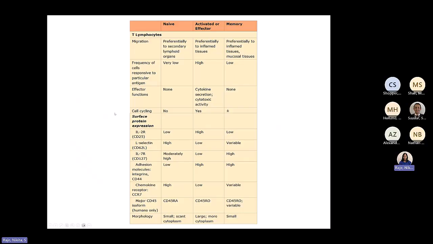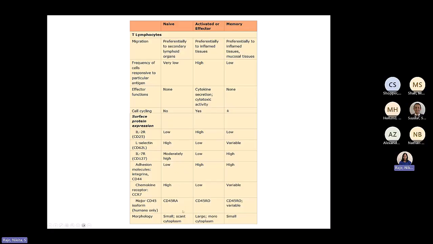I think these markers are really important because when we do flow cytometry, the way we identify cells, whether they are naive or activated cells or effector cells or memory cells, is based on these markers. So for example, naive T cells would be identified by expression of CD62L, CCR7, and CD45RA.